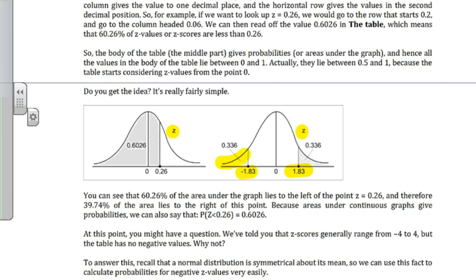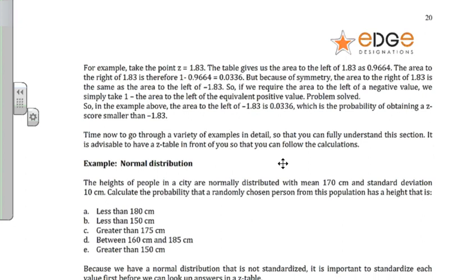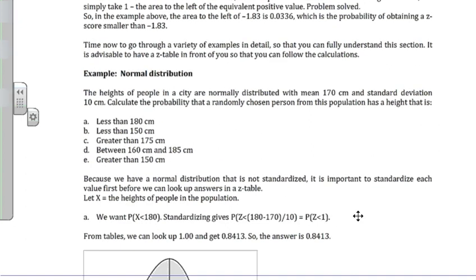Because remember, here's my normal distribution, on both sides. Once I've got my Z, I can go look at the Z table. Can everyone see how the two of them work together? We can either work with Z factors, which we've shown you how to calculate, and that gives me a percentage or some kind of probability, or I can work with the probability and then get the Z from the table.